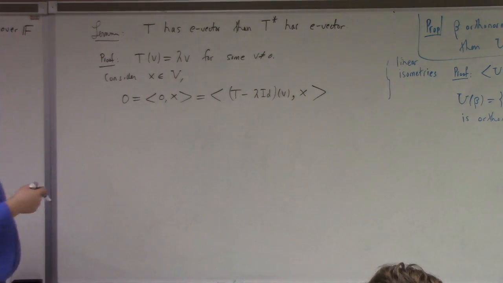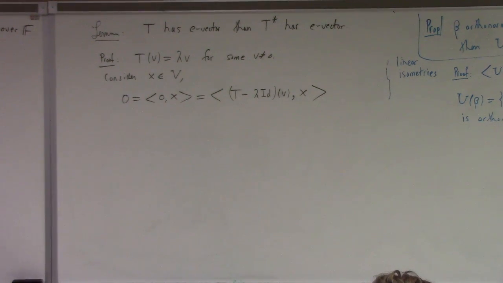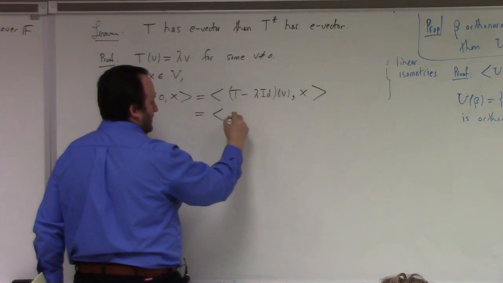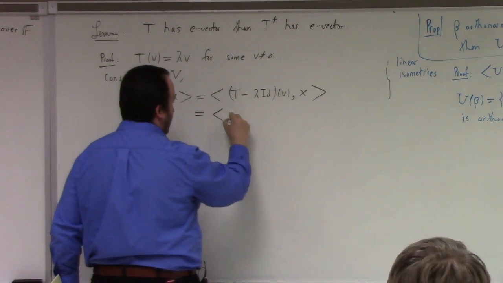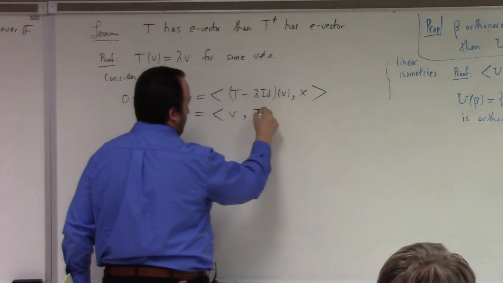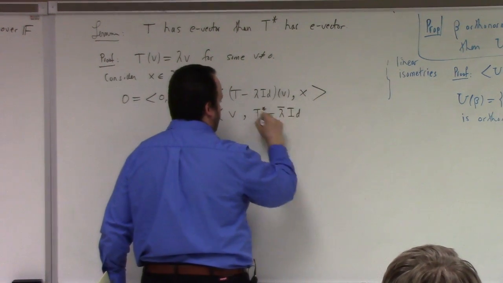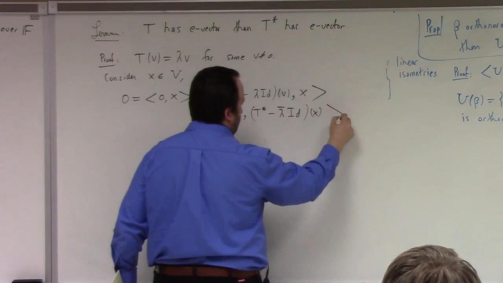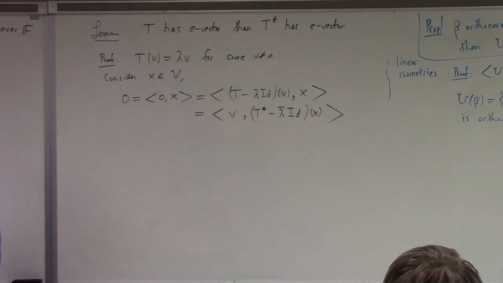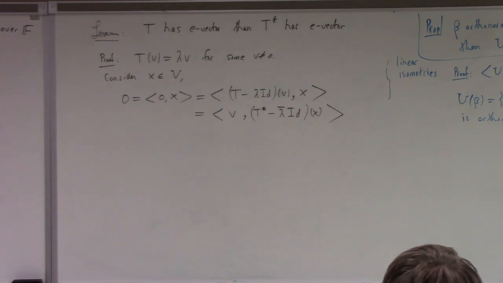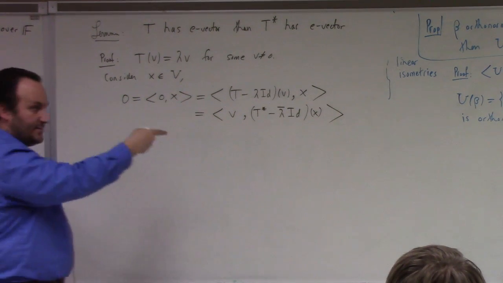That gives me ⟨v, (T* − λ̄I) x⟩. The reason I can do that is that I'm using the properties over here: the adjoint of the sum is the sum of the adjoints. When you take the adjoint of the complex λ times the identity, you get λ̄ times the identity star, which is the identity, right?